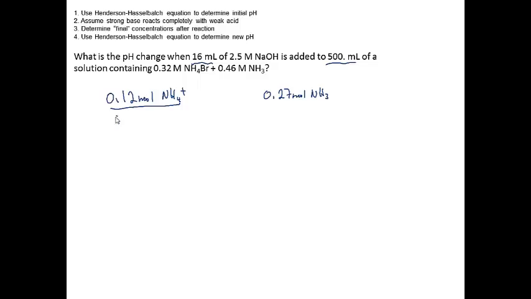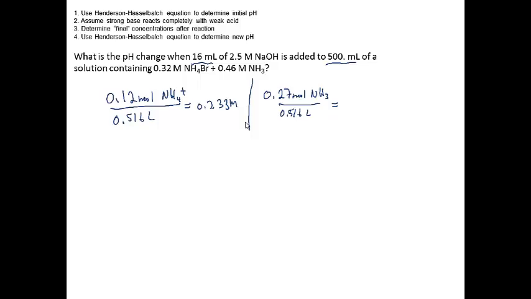So we're going to divide this by 0.516 liters, and this by 0.516 liters to get the new concentrations of each of those. So if we take 0.12 and divide it by 0.516, we get 0.233 moles per liter for our ammonium ion.